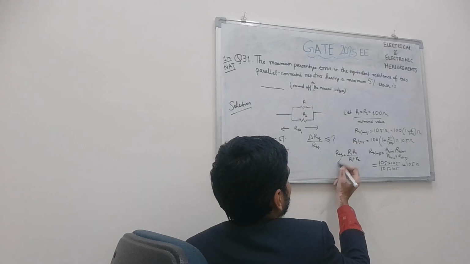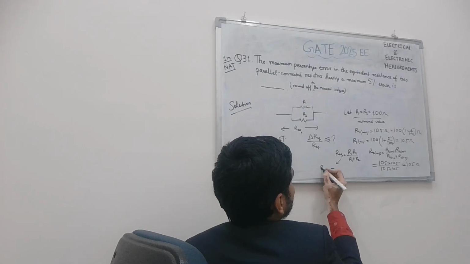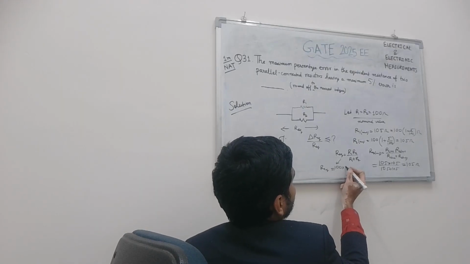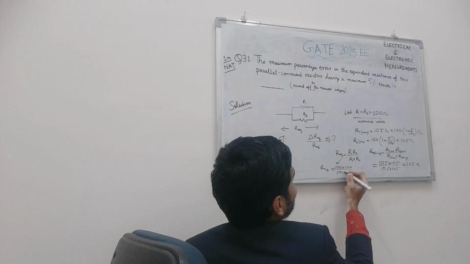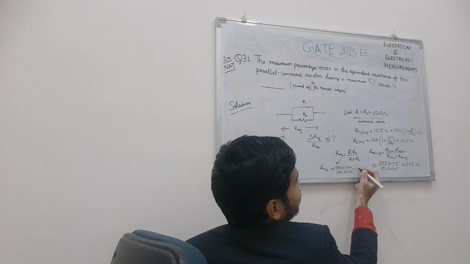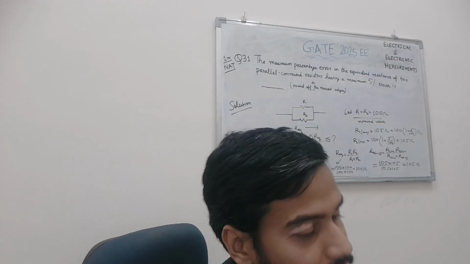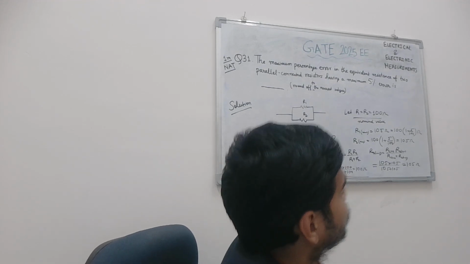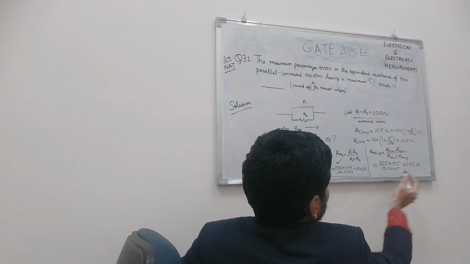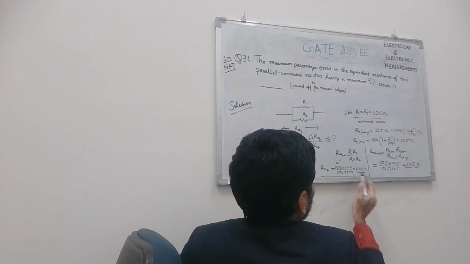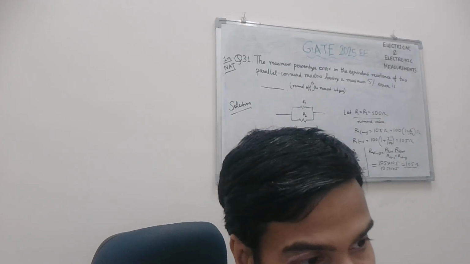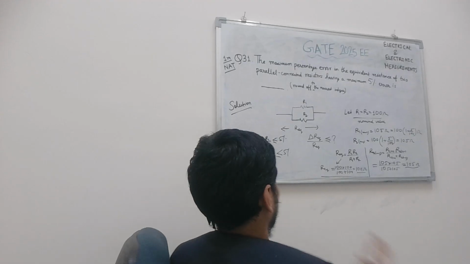And what is the nominal value? If we take both 100, then 100 into 100 upon 100 plus 100, again equal values, so this is also the same. Equivalent resistance is 100 when considering nominal values, and when considering maximum percentage error it is 105. So what is the maximum error possible in the equivalent resistance?